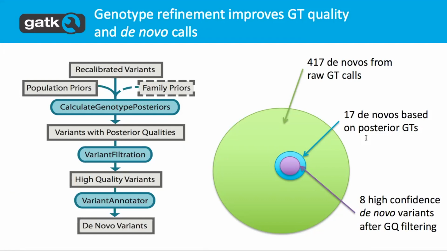If you have a variant and you're not really sure about it, and you also know that it's not very commonly occurring in the population, then you can adjust your confidence based on that fact, and you can filter it out. So we can filter these 417 variants down to only 8 high confidence variants, which is much better.